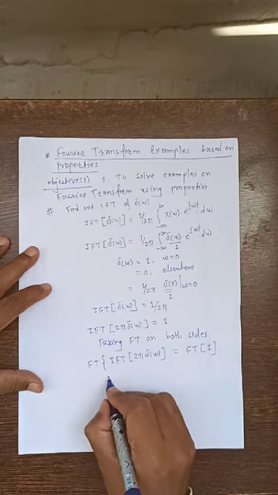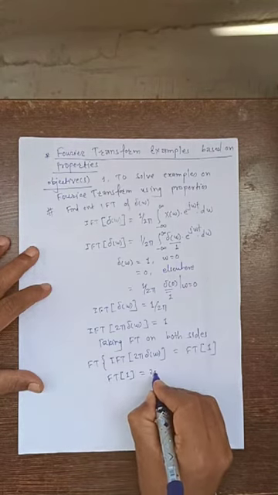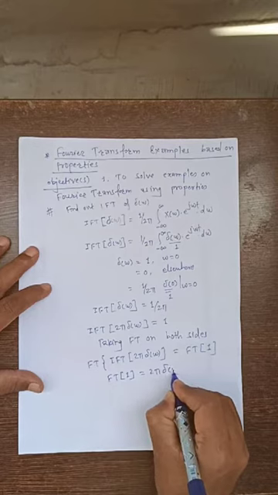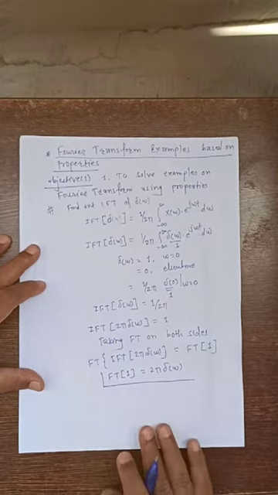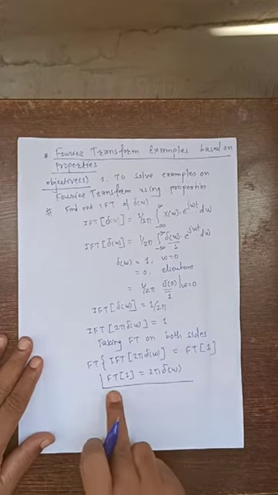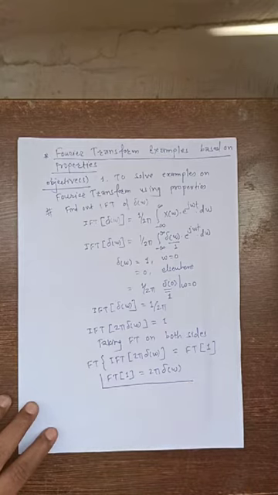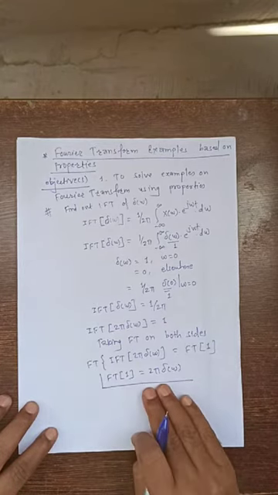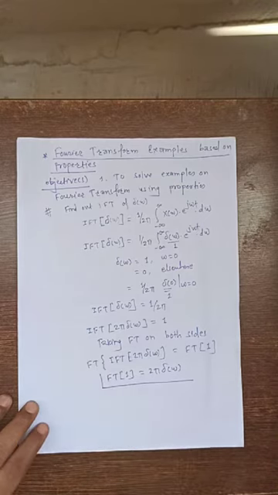So you can write the Fourier transform of 1 is equal to 2 pi delta omega. We have achieved this in another way, using the inverse Fourier transform. This Fourier transform of 1, equal to 2 pi delta omega, is what we are going to utilize in other examples.